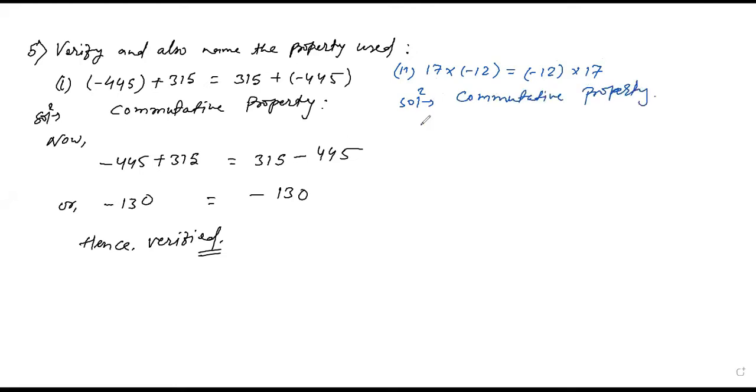Now you have to verify. So 17 into minus 12 is equal to minus 12 into 17. So minus 204. This side also minus 204. So both sides the answers are the same. The values are the same.